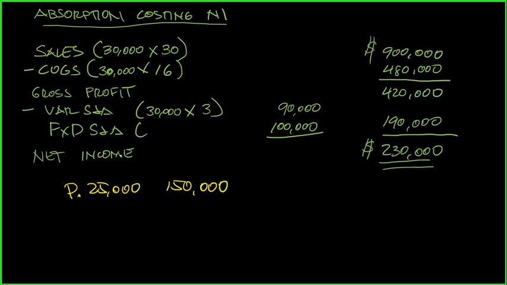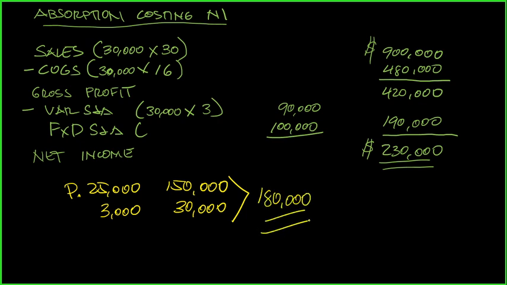Aside from that, you were also able to sell 5,000 units coming from last year. And the fixed overhead related to that is 30,000, which was computed earlier. Therefore, the total amount that was deducted against our revenue is 180,000 pesos.